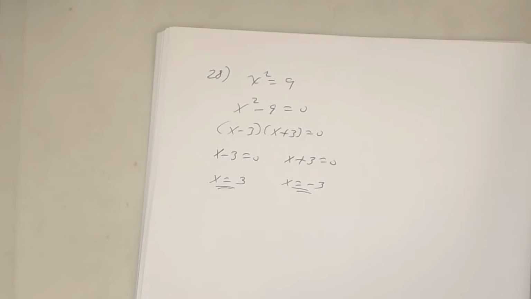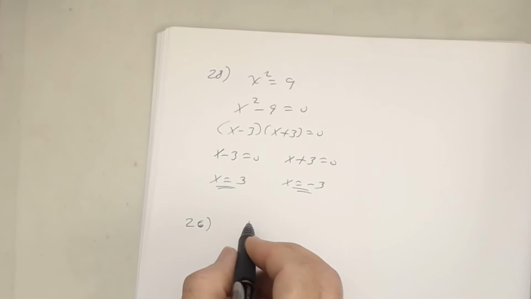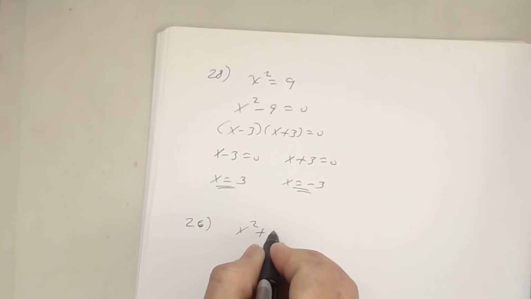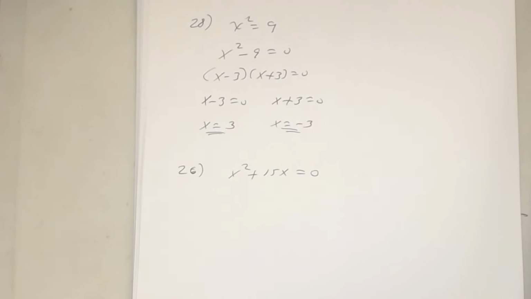Okay, let's look at 26. You have x squared plus 15x equal 0. What kind of equation is this? Okay, is it in standard form? Yes. So what's the next step?